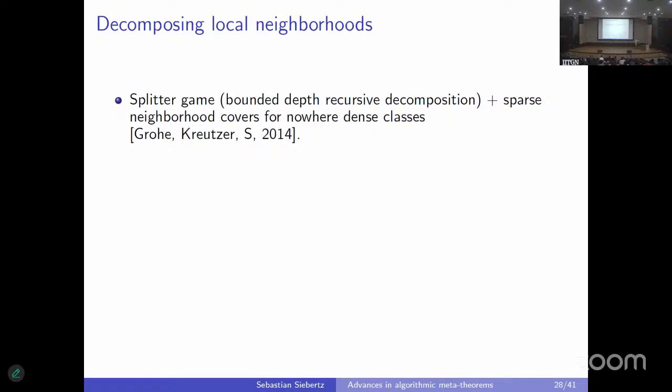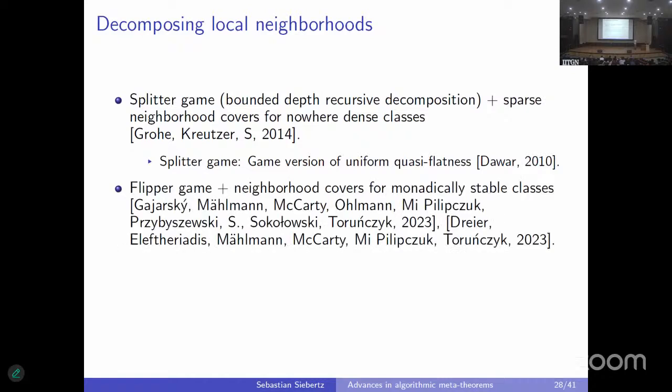With this, again using neighborhood covers, we get efficient model checking for nowhere dense classes. The splitter game is a game that was introduced by Grohe, Kreutzer and Siebertz, from quantum flatness, in 2010. And here we have the splitter game with neighborhood covers.